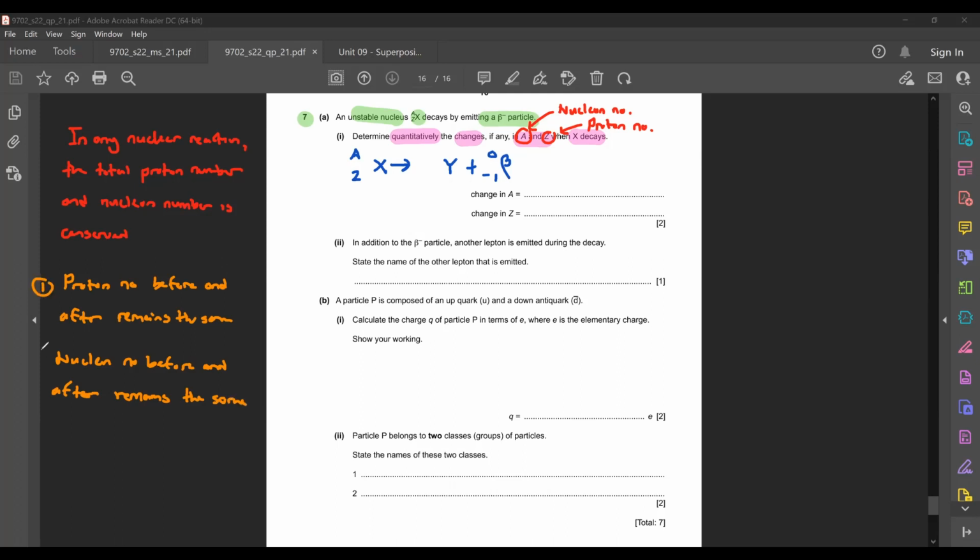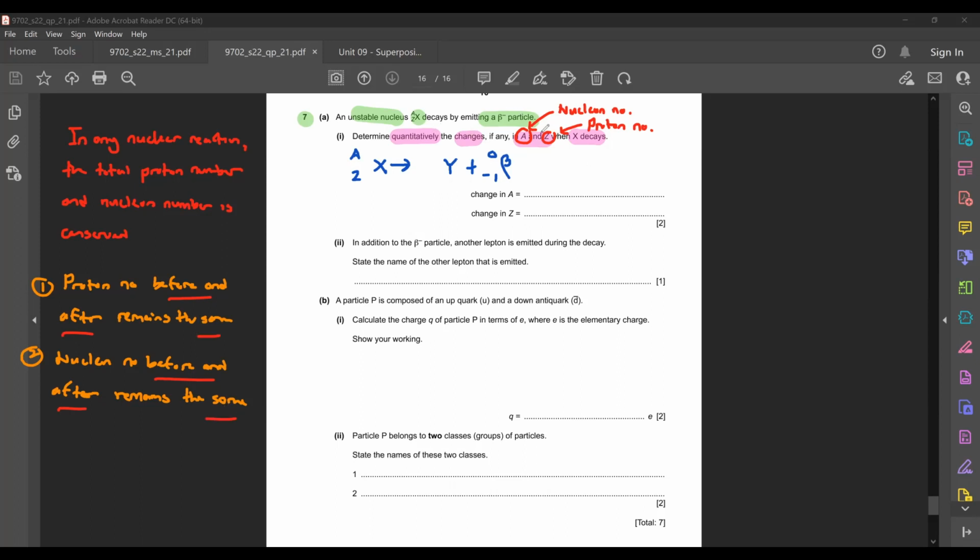Okay, this is what we mean by proton number and nucleon number being conserved. If you look at the proton number before and after, it must be the same value. And then you look at the nucleon number before and after the reaction, it must also remain the same value.